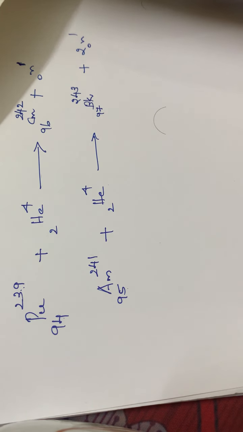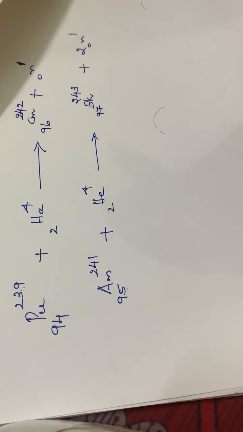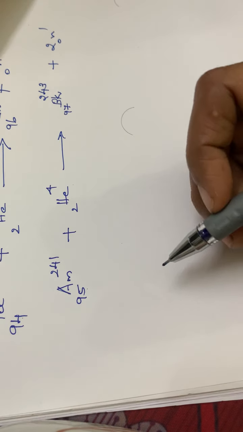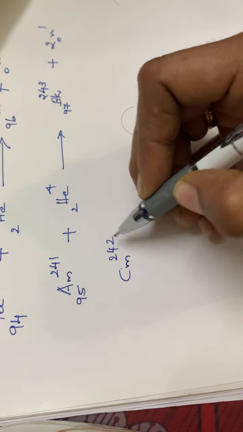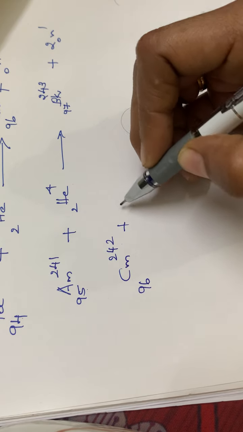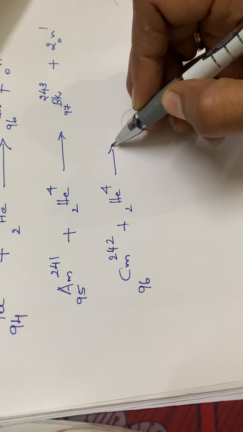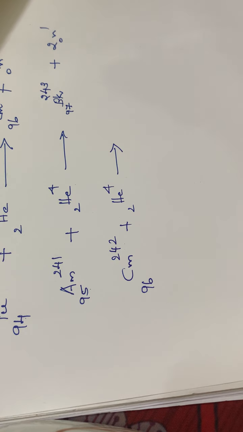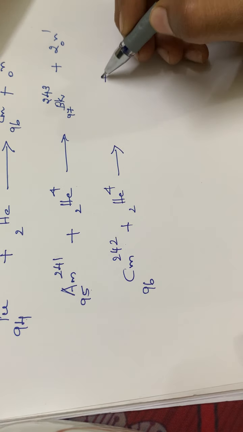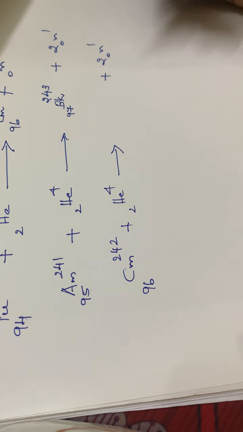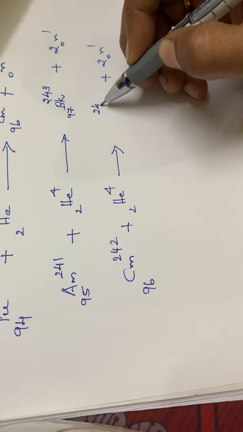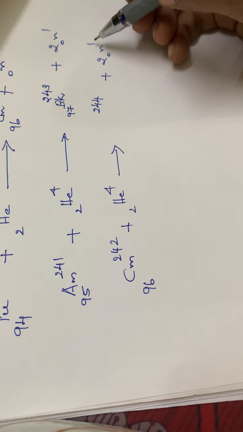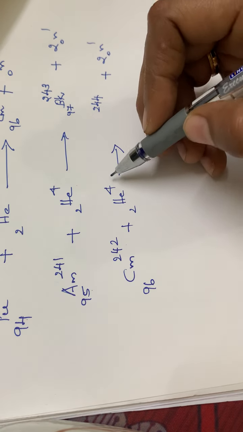For the preparation of californium, curium-242 (96) is bombarded with an alpha particle, He-4, and the products include 2 neutrons. 242 plus 4 is 246. With 2 neutrons, the resulting element will have mass number 244, so 244 plus 2 is 246.